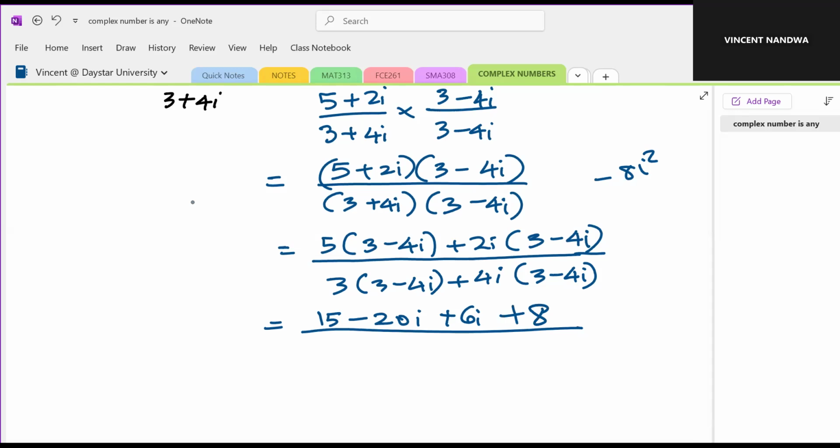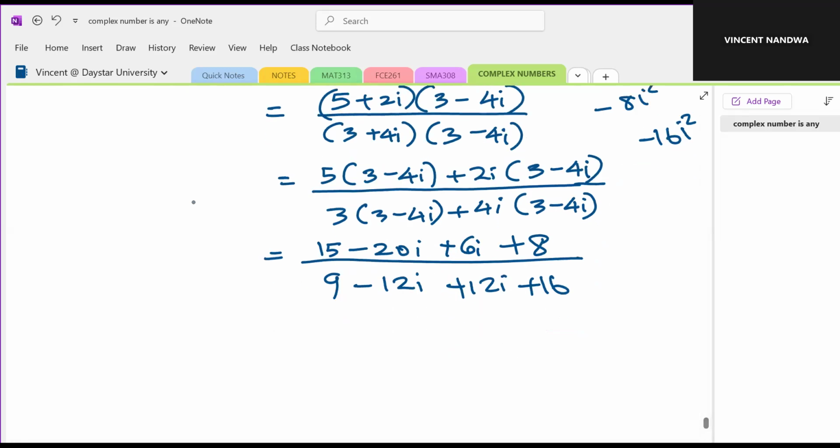Then 3 times 3 is 9. 3 times minus 4i is minus 12i. 4i times 3 is positive 12i. Now 4i times minus 4i is the same as minus 16i squared, but i squared is minus 1. So minus 1 times minus 16 is positive 16.